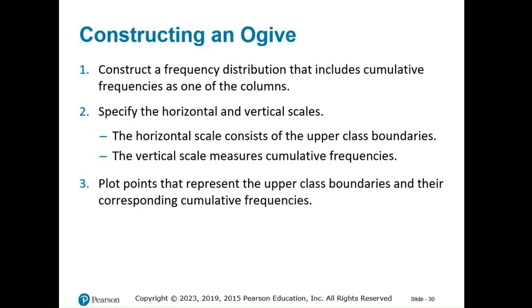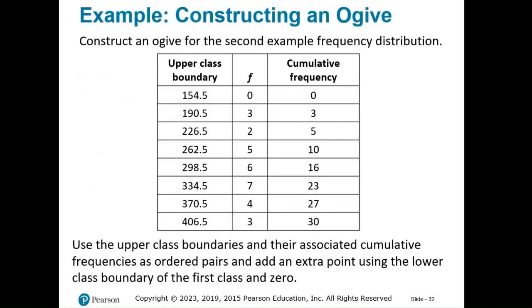The graph should start at the lower boundary of the first class, where the cumulative frequency is 0, and should end at the upper boundary of the last class, where the cumulative frequency is equal to the sample size. Remember, we use the upper class boundaries and their associated cumulative frequency as ordered pairs, starting at the lower class boundary of the first class, where the cumulative frequency is 0, then moving to the first upper class boundary with associated cumulative frequency as the next point, and so on.